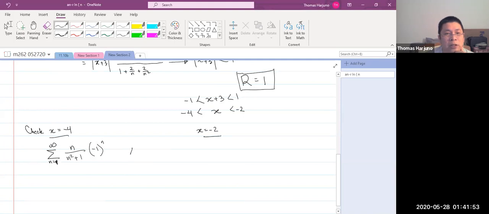So this is an alternating series, where Bn is n over n squared plus 1.